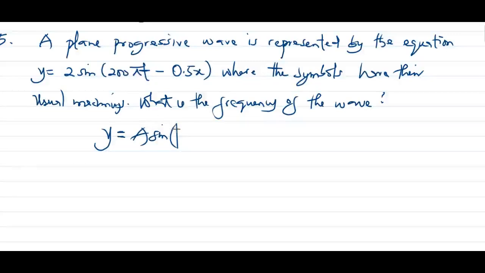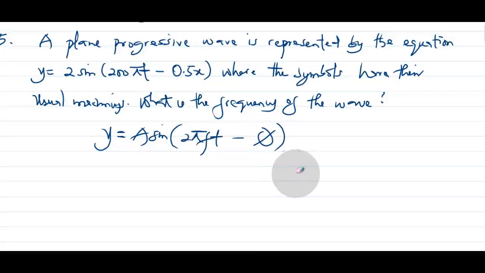So instead of 200 pi t, I can have 2 pi ft minus phi, because phi is 2 pi x over lambda. All right, so let me just write it out for you. You can have 2 pi x over lambda, something like this.